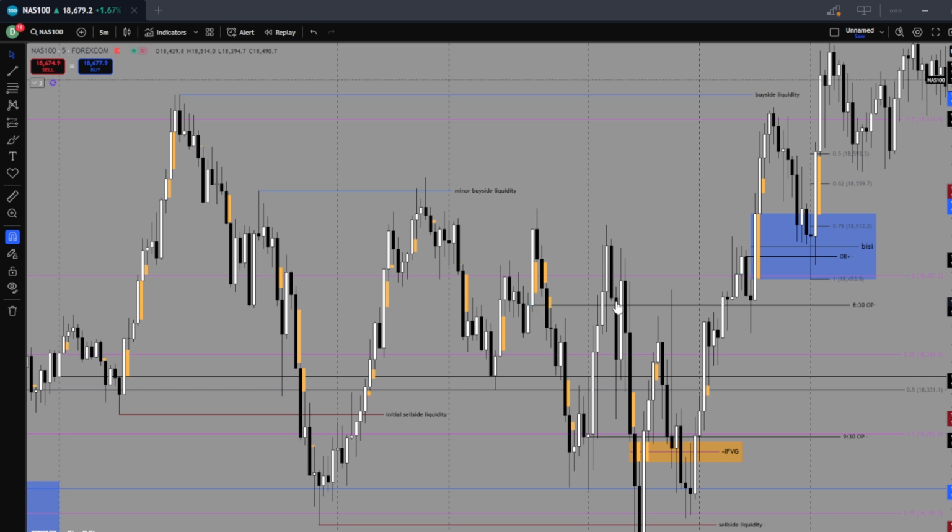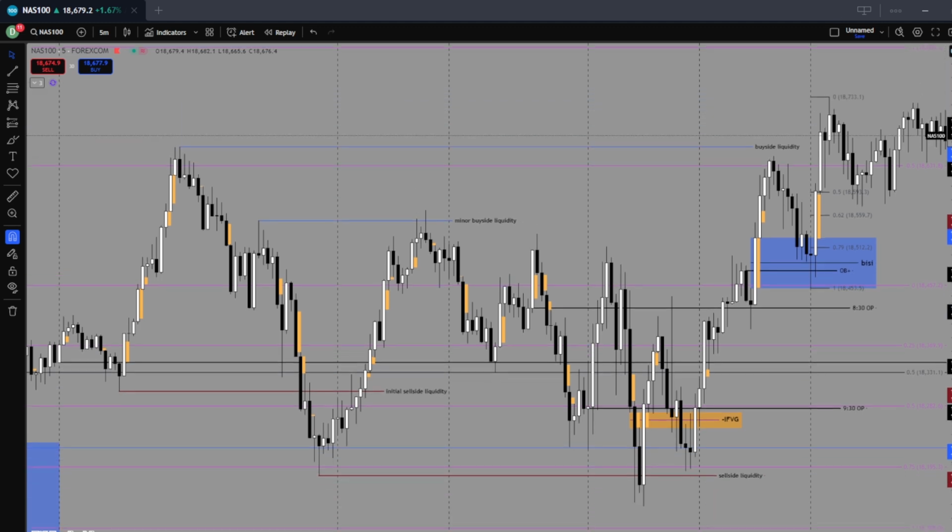So the 8:30 opening price is also important. So we extend it. And this is the 9:30 opening price, which is when equities open in New York at 9:30. So we have these three opening prices and we have to extend them throughout.